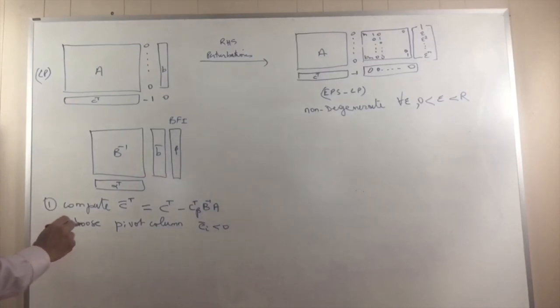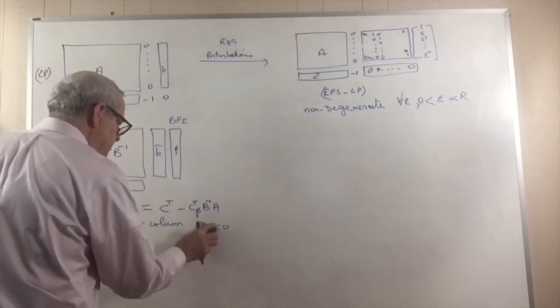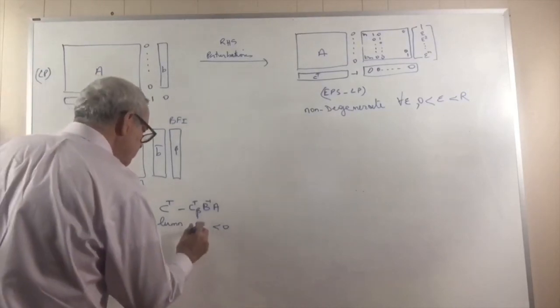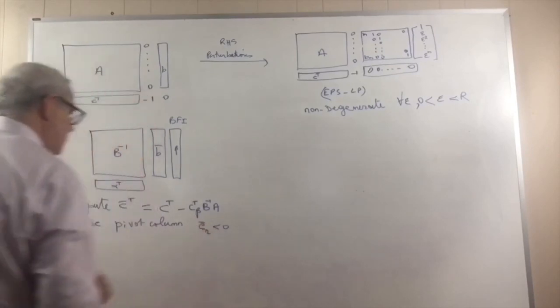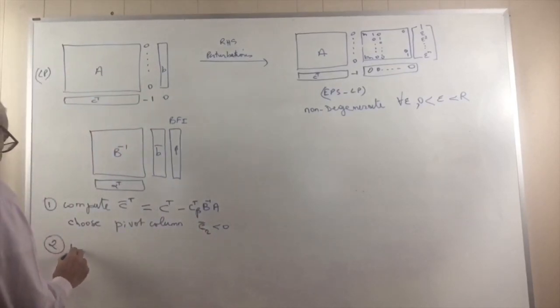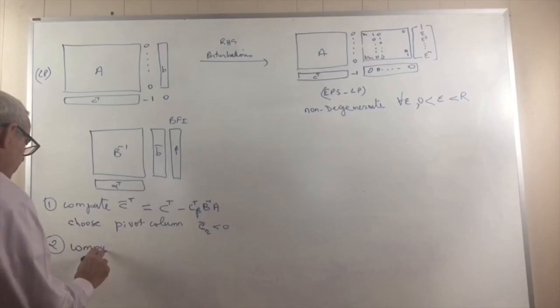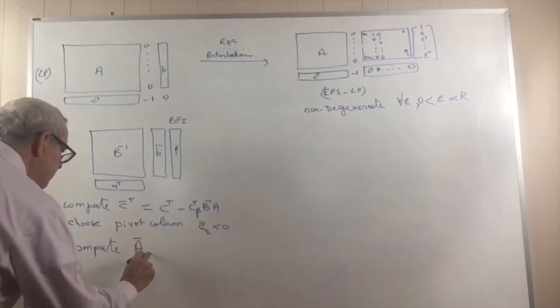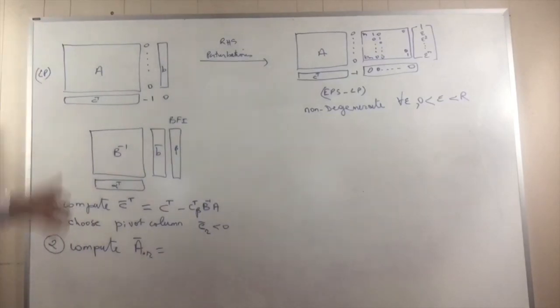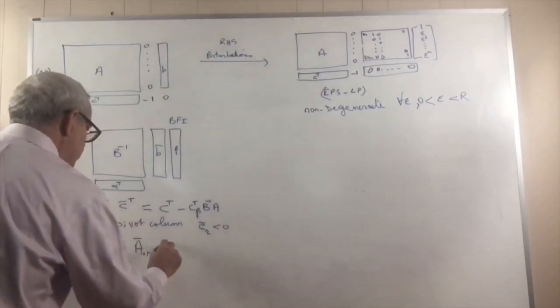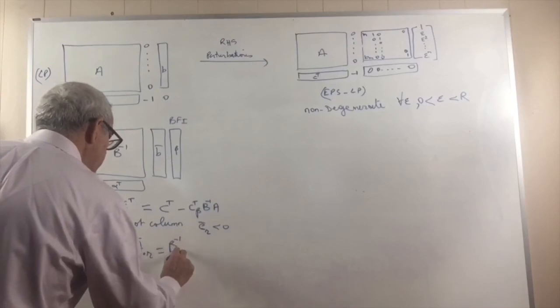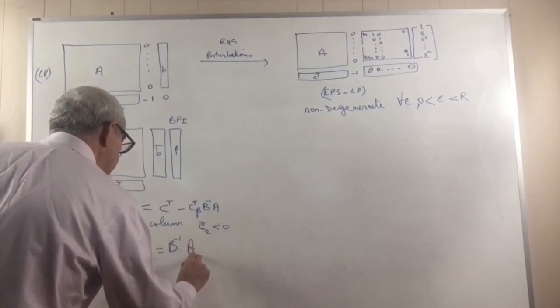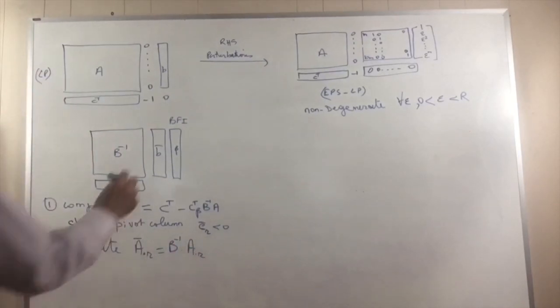Let's call that R. Then here we compute A bar dot R. That's the pivot column, which is just B inverse times A dot R.